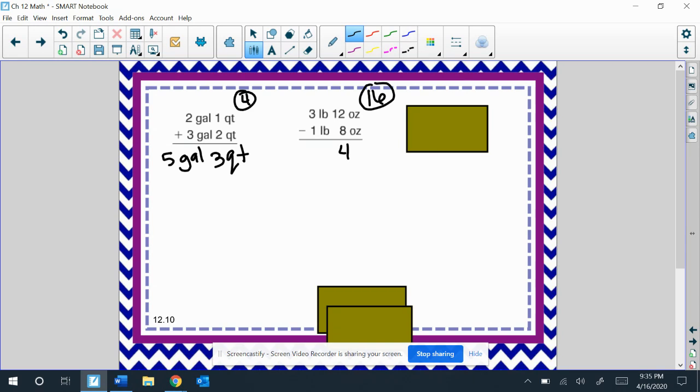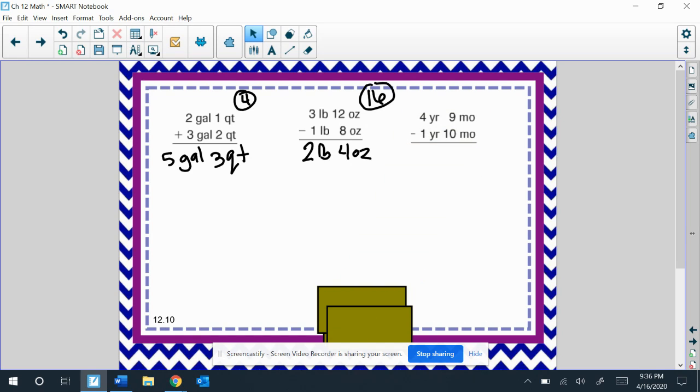Let me double check that. 4 and 8 adding together is 12. Yep, correct there. 3 minus 1 is 2. I hope you notice that without the labels, this looks like the number 24. That's not correct. This is 2 pounds and 4 ounces.